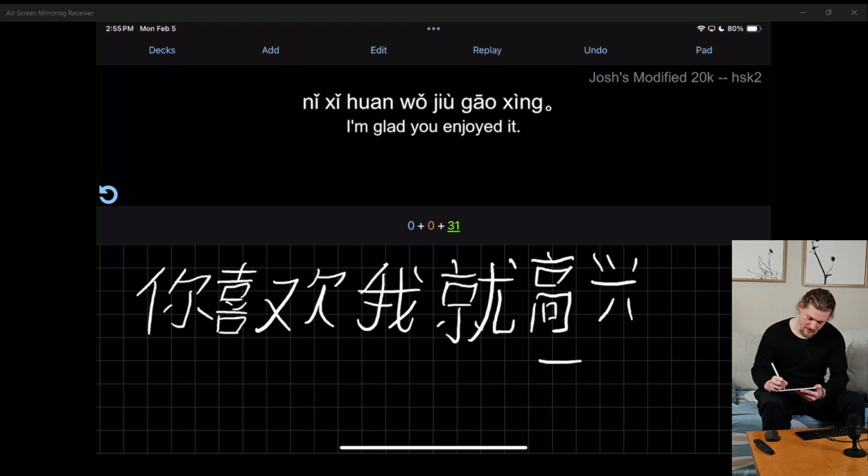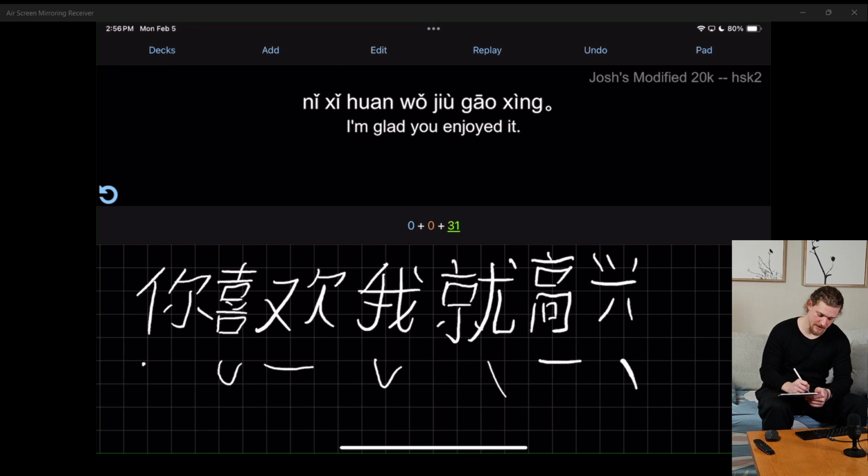So you know that's 高兴, right? 就高兴, 我喜欢 and 你喜欢我就高兴, 你喜欢我就高兴.